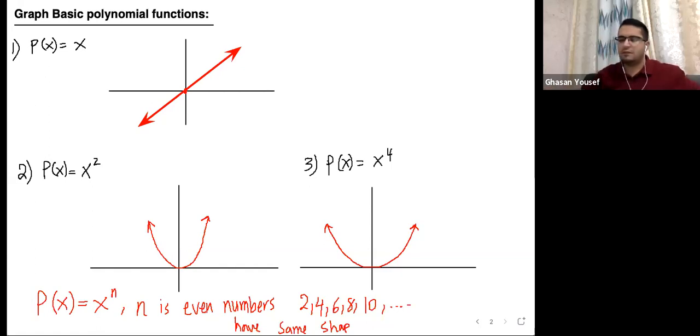Yes, even parabola, exactly. But when you look at 0, it will be like a parabola, but the difference between this parabola and this parabola is that here at 0 it would be more open, close to the x-axis, but here it will not be as open.